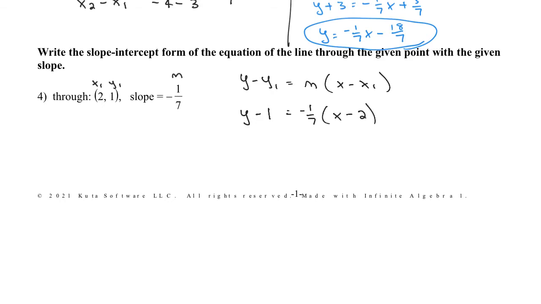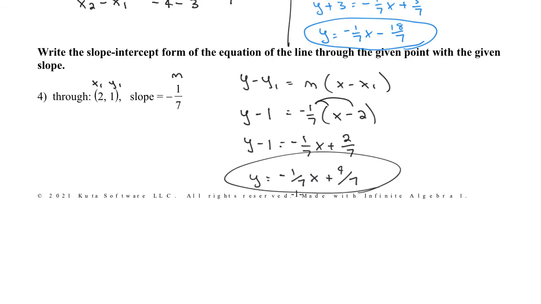Then we're just going to distribute again. If I distribute this negative 1/7, I get y minus 1 is equal to negative 1/7 x plus 2/7. And if I add 1 to both sides, we get y is equal to negative 1/7 x plus 9/7. So that's a review of some stuff we did from first semester.